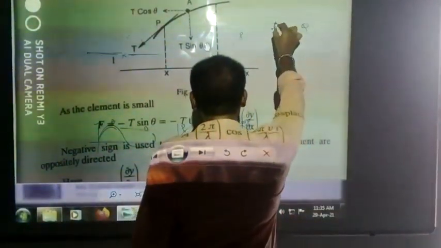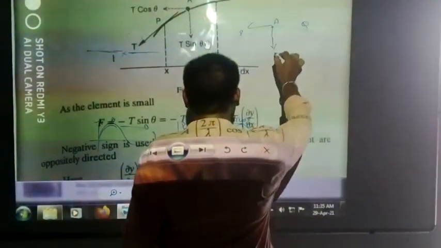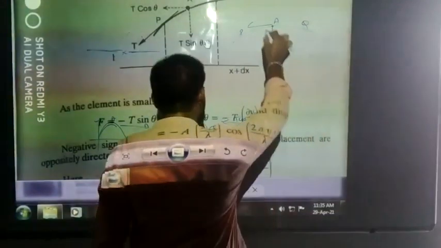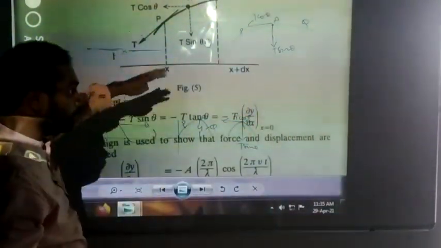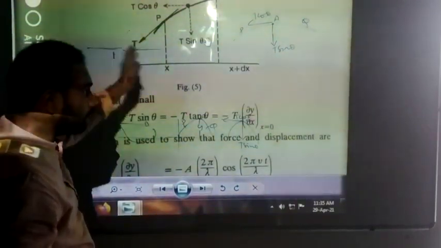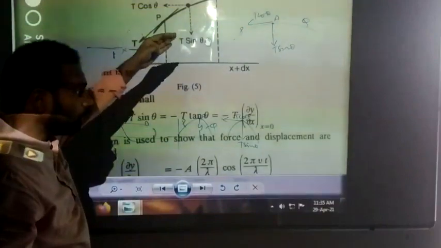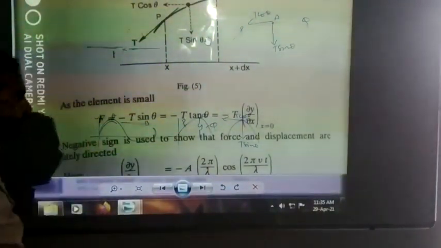At point A we are going to find the energy. Here we have two forces, T sin theta and T cos theta. The displacement is along the y direction, and along the x direction there is no displacement, so we consider only the force along the y direction.